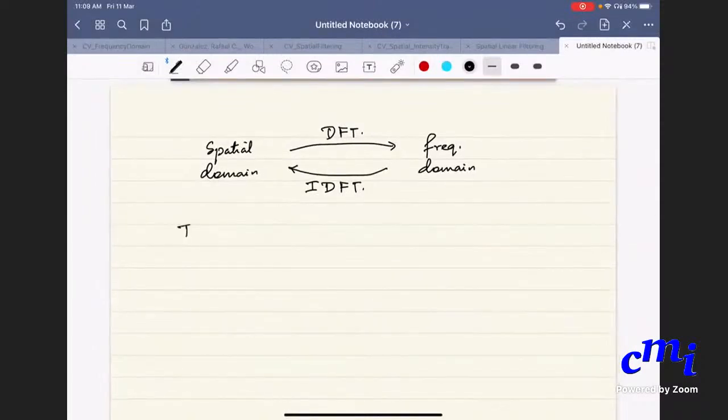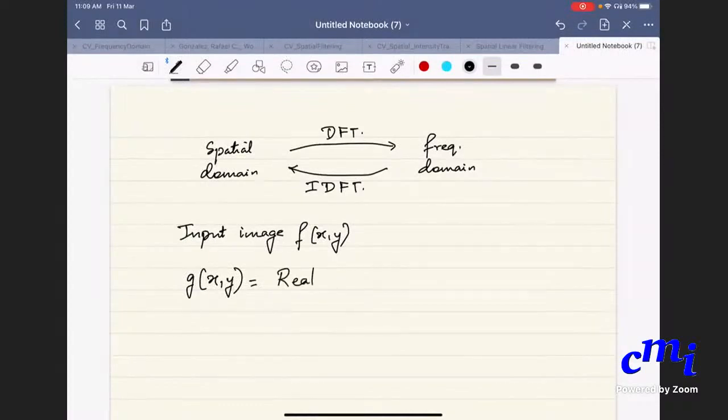Usually this looks as follows. You have the input image f(x,y), and the output image will take the form, so there will be real. For now, just forget about this real; we will come back to it when we look at the formula in detail.